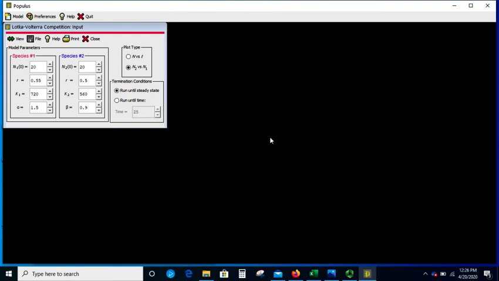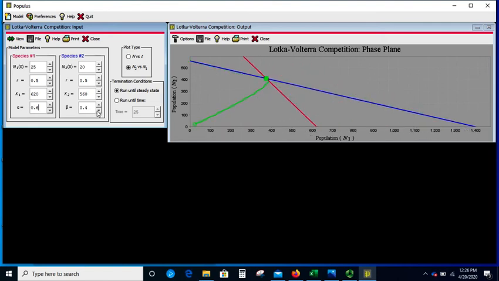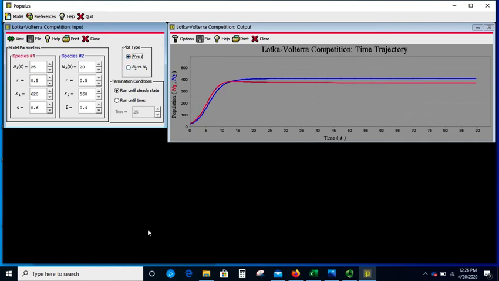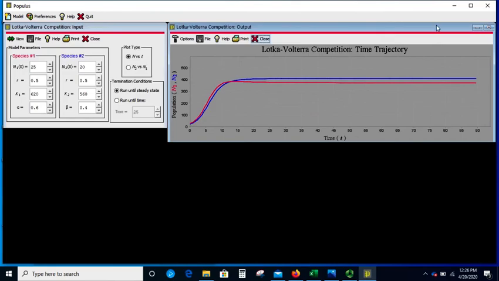And now I'm going to set up the last one, scenario D. So again, we have population size for species 1 and species 2 graphed against time.